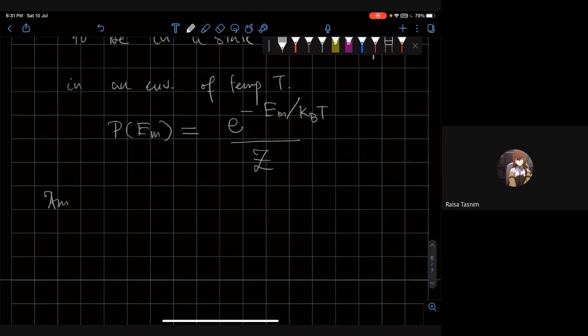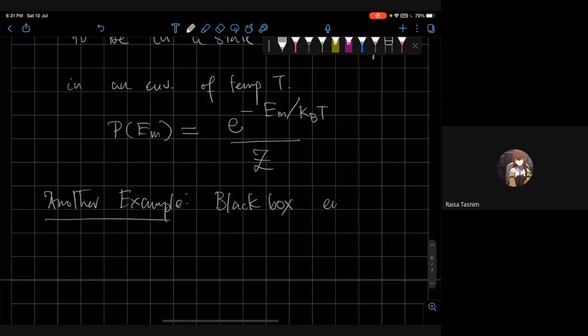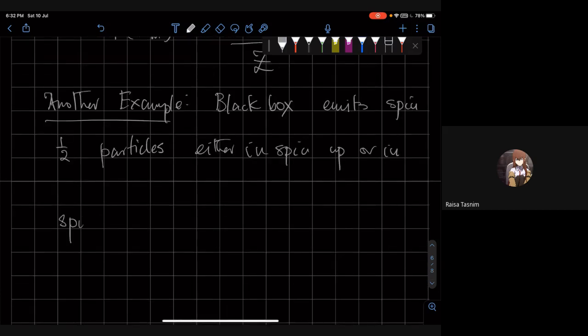Another example, suppose there's a black box which emits spin half particles either in spin up or in spin down state with, say, probability p or 1 minus p.